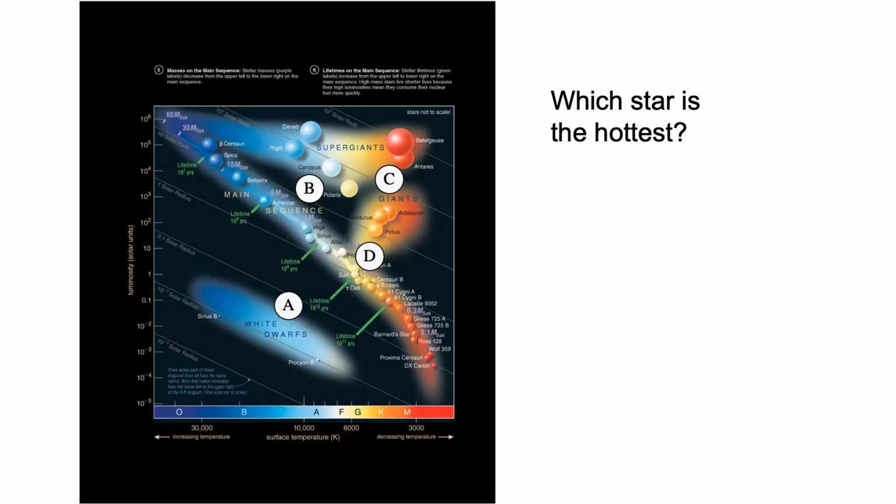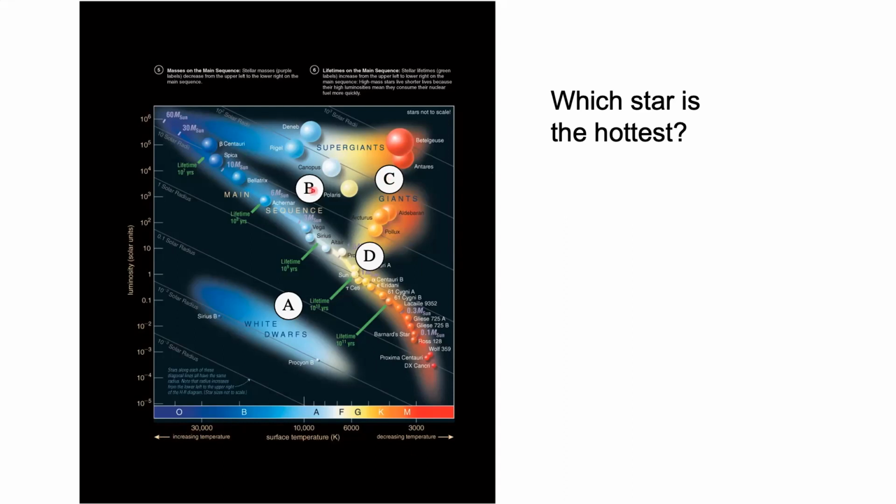What star has the highest temperature? Okay, very good. Where on this diagram are we looking for temperature? On the bottom, right? So temperature increases as we go further and further to the right.